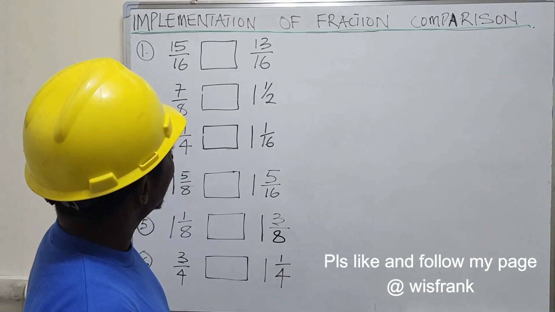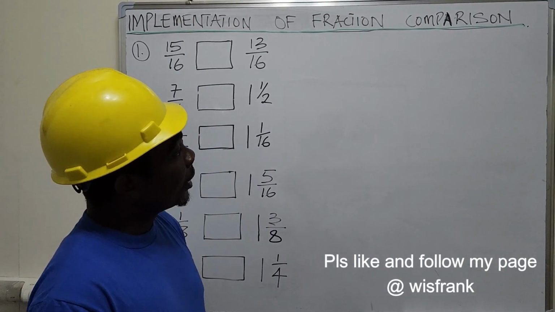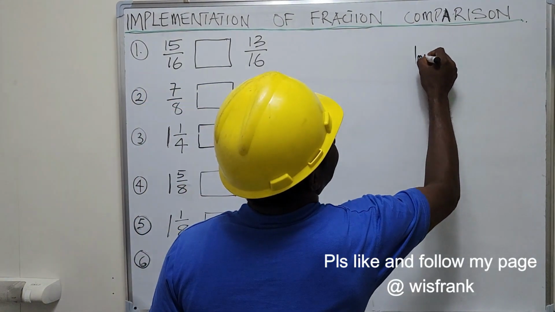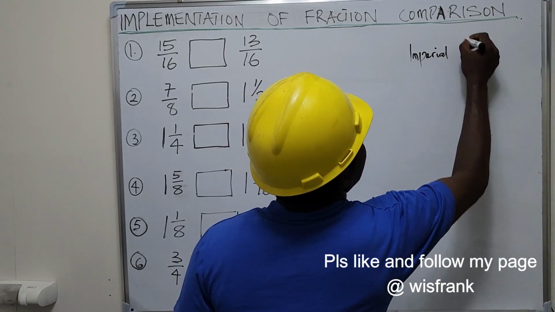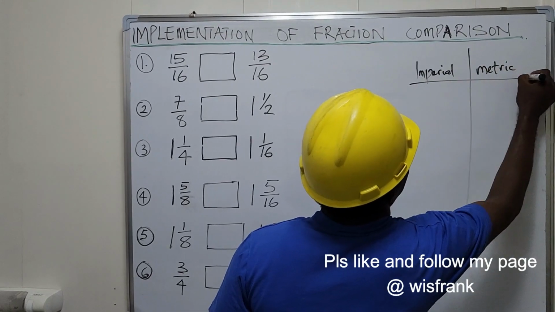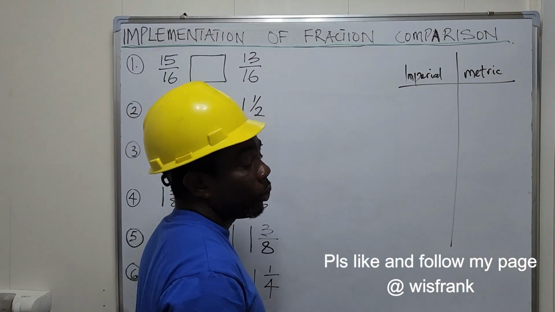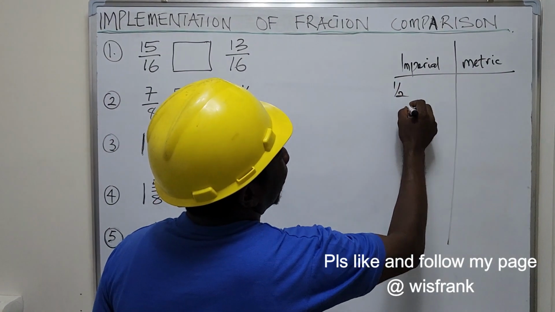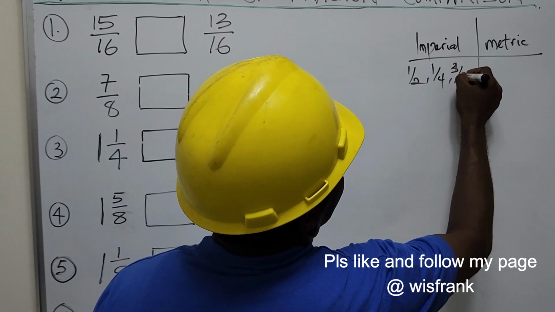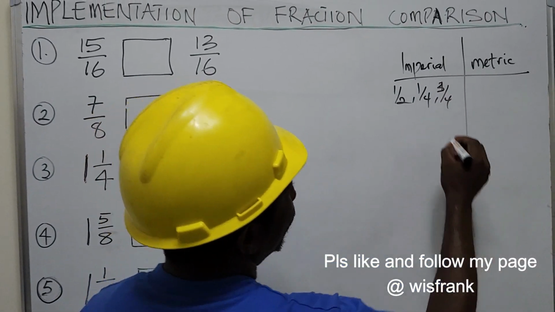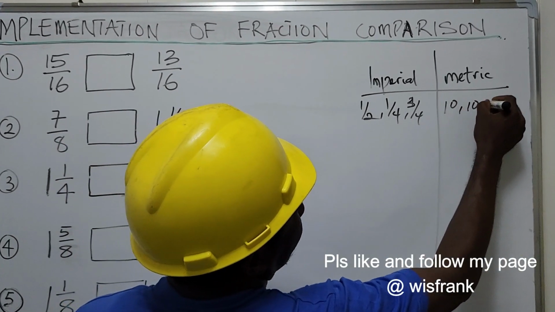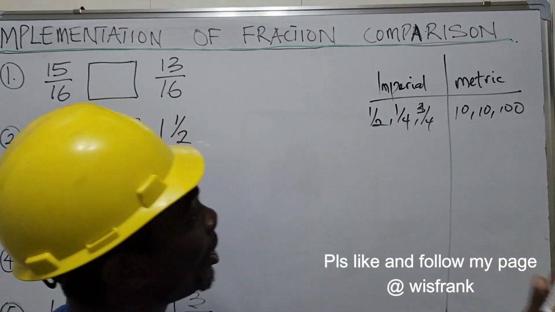So we have an imperial system of unit and a metric system of unit. In the imperial system of unit we have 1/2, 1/4, 1/8 or 3/4 inches and so on, while the metric system of unit is in 10, 100, 1000 and in meters.